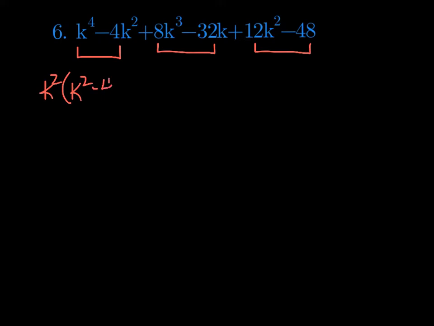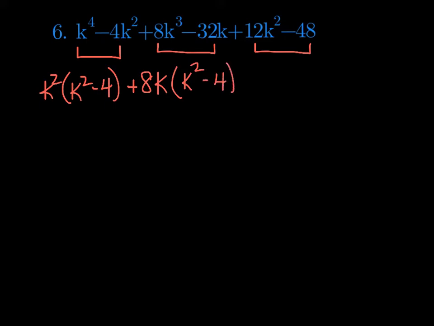All right, let's look at the middle grouping here of 2. So I see here that I have a common factor of 8 and a common factor of k. So let's take out the 8k, and when I divide that into each of these middle terms, I'll get k squared minus 4.